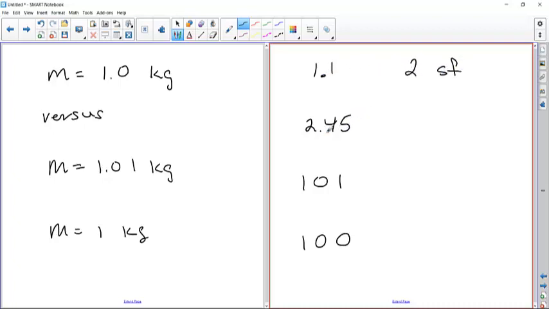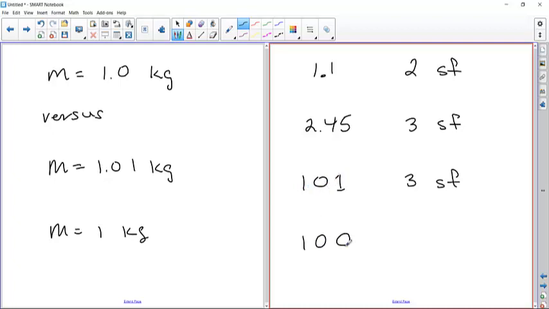This one has 3 significant figures. This one also has 3 significant figures. So those are all easy. This is 0. Sometimes a 0 is a significant figure, and sometimes it isn't. So you basically look at the number and look at the rightmost element. And if that rightmost element or number is non-zero, which in this case it's 1, then all the numbers to the left are considered to be significant.